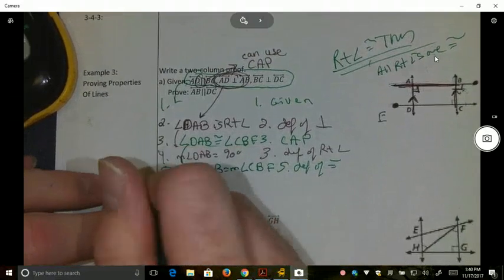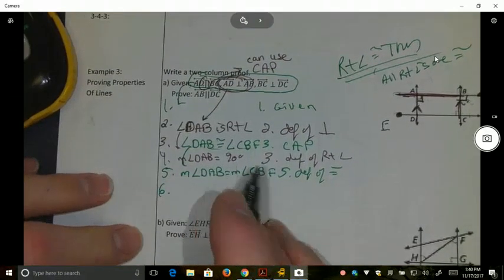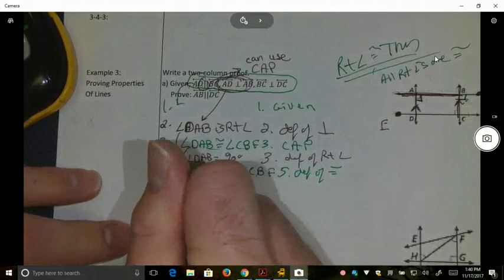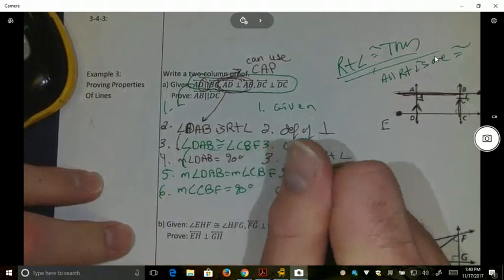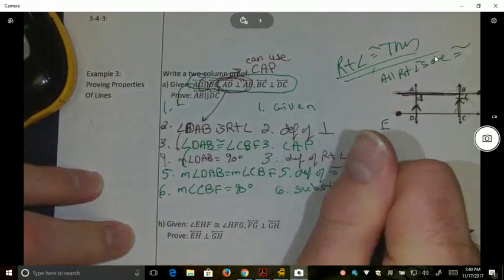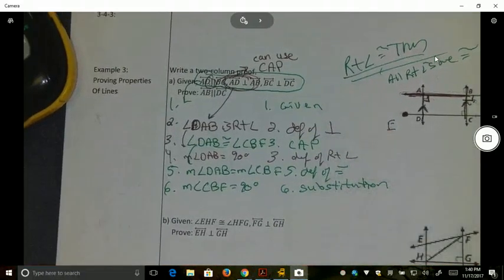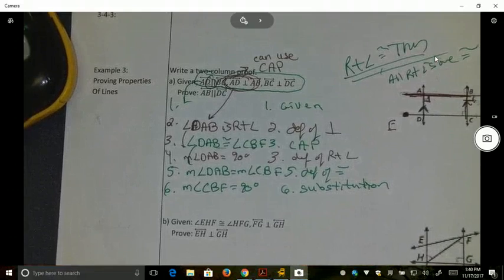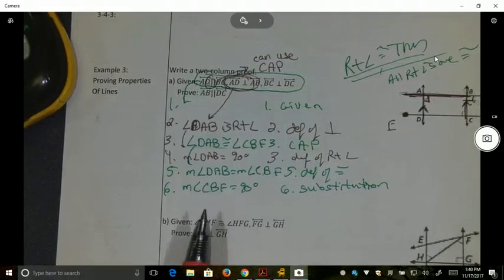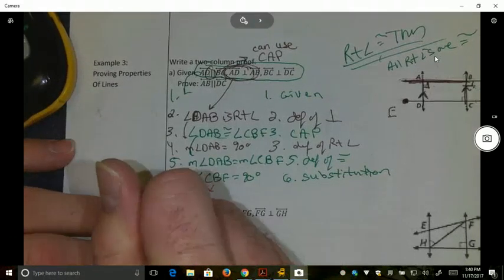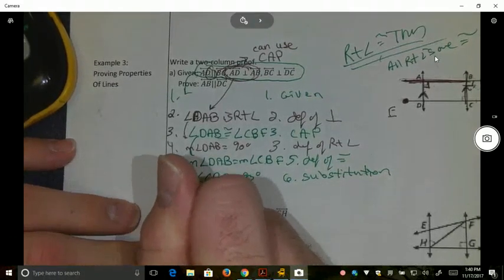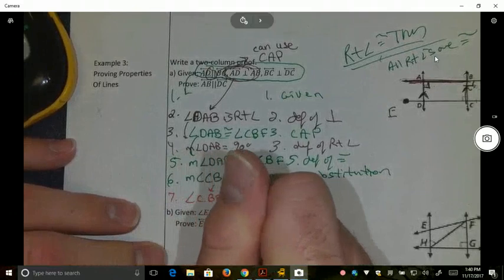And then using substitution, CBF has to be 90 degrees. I could have used the theorems above to do this proof to make it a lot shorter, but we're not going to memorize those, so I don't really see the point in that. So now I've got this, which since that's 90 degrees, that means that angle CBF is a right angle.